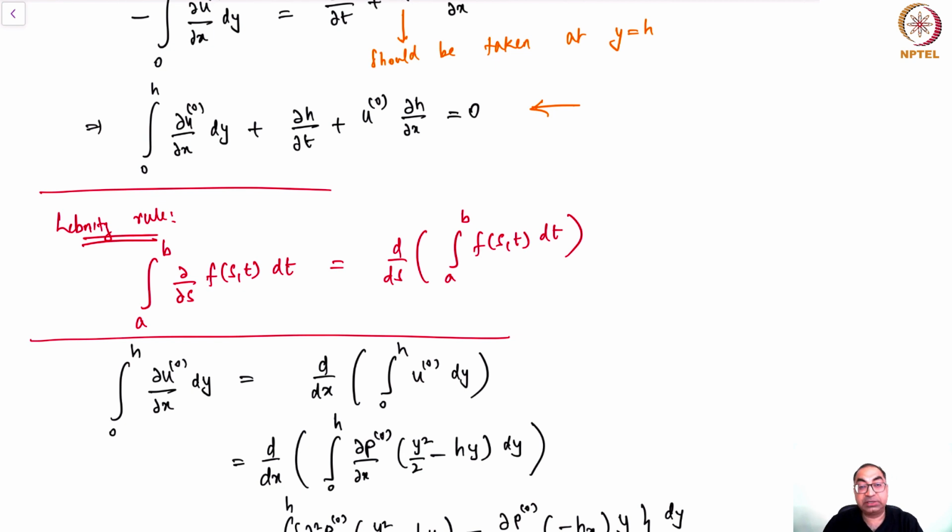I have already got this expression here in terms of pressure and pressure gradient and height.